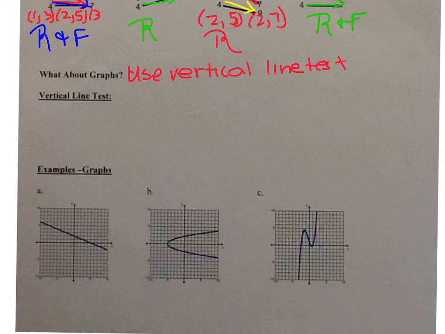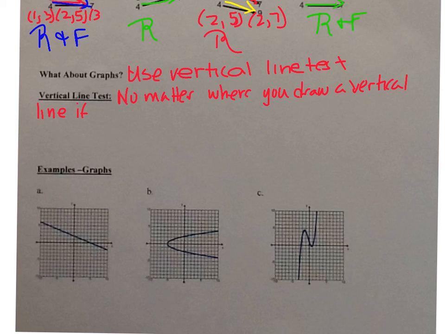No matter where you draw a vertical line, so let's write down, no matter where you draw a vertical line, if it hits the graph only once, it is a function.